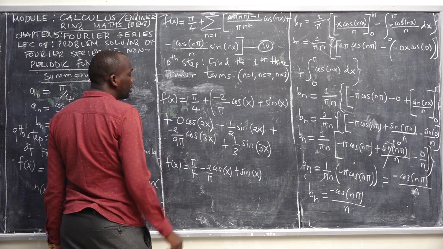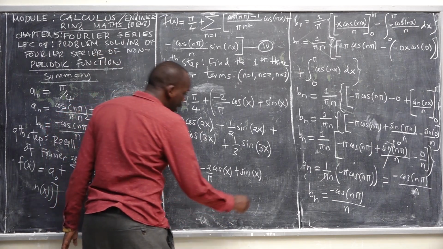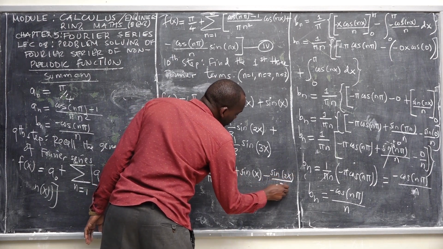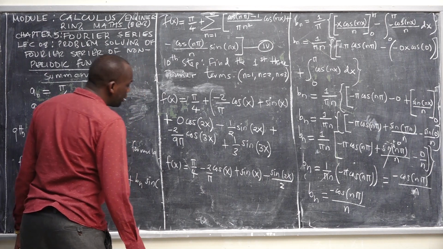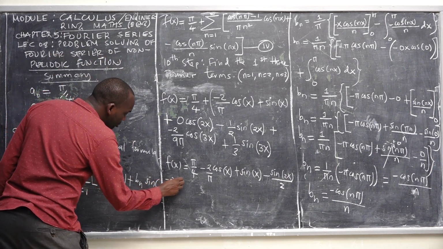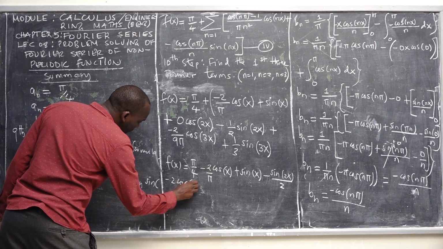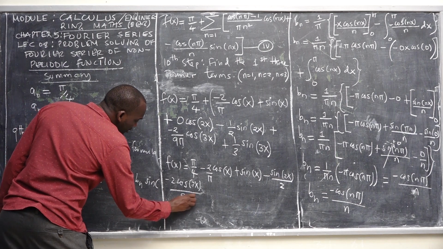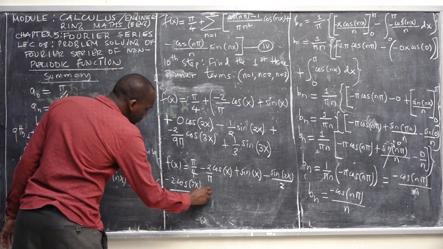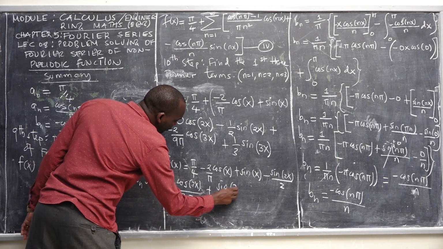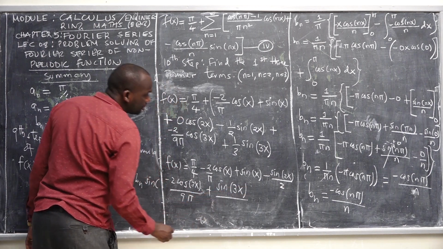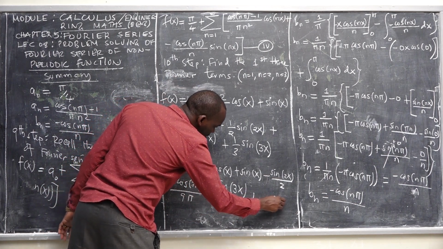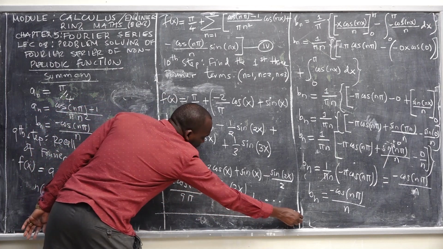Okay? 0 times cosine of 2x is 0. Minus sine of 2x over 2. Okay? Then minus 2 cosine of 3x over 9 pi. Then plus sine of 3x over 3. Plus, you put 3 dots. So this is the Fourier series of the given function.